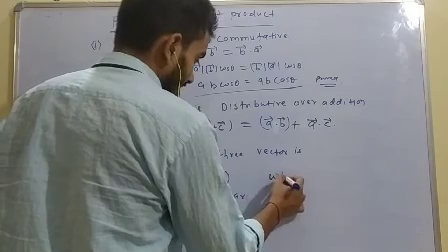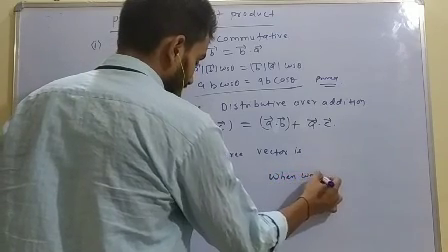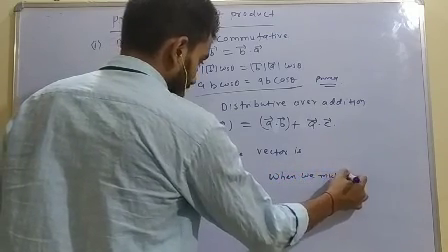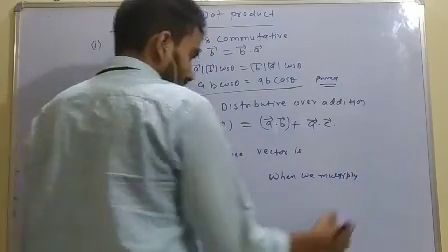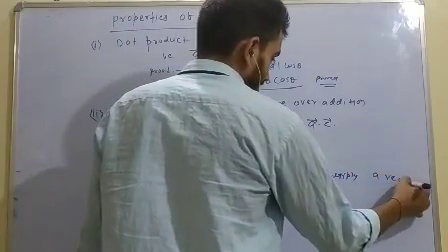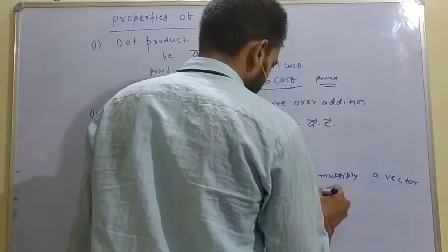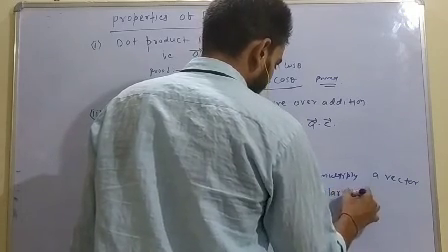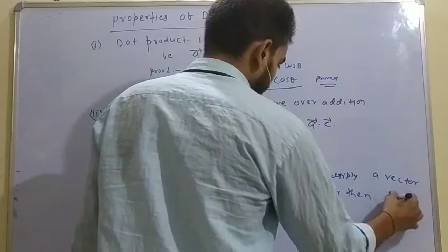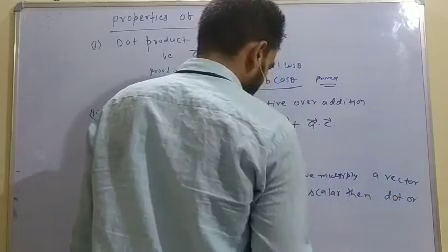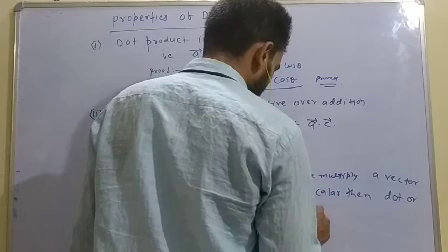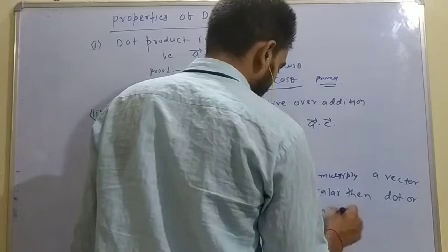When we multiply a vector by a scalar, dot or cross is not defined.